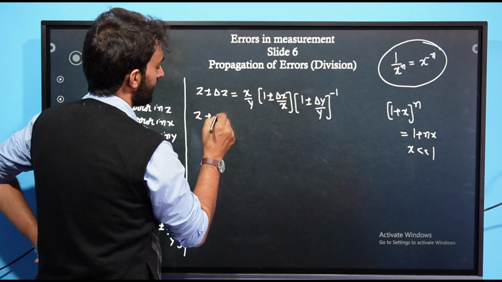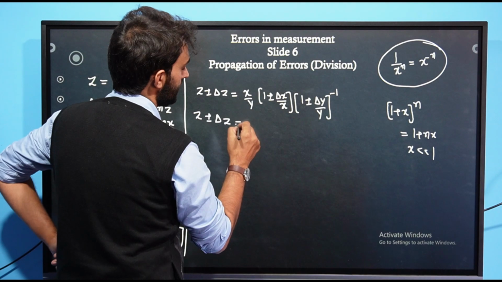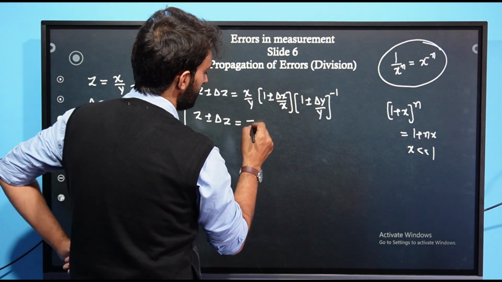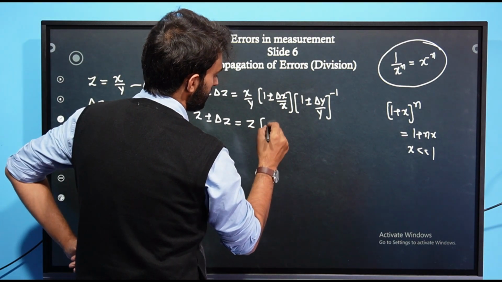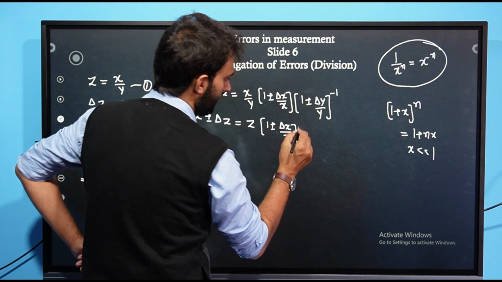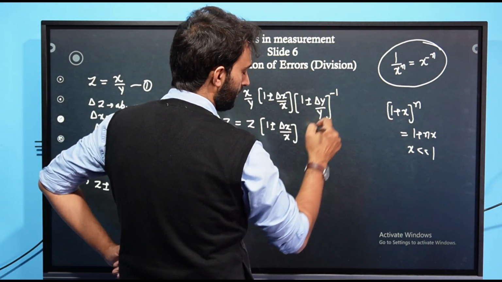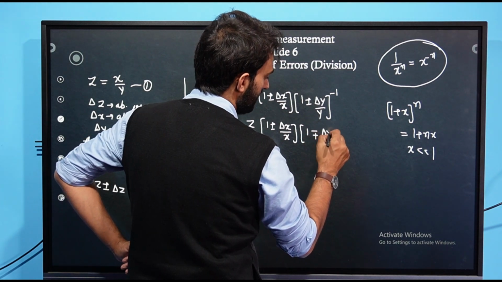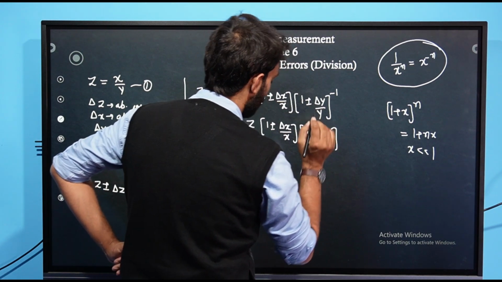So that is z plus minus delta z is equal to x plus y. Using equation 1, that is actually z. So that is z. This will be 1 plus minus delta x by x, and now here this 1 minus 1 will be multiplied, so we can write it as 1 minus plus delta y by y. Is that fine?